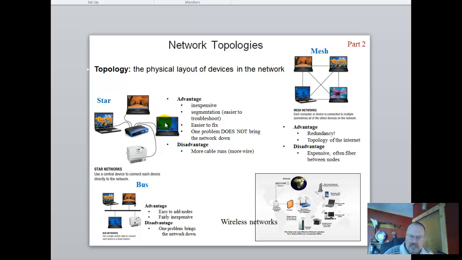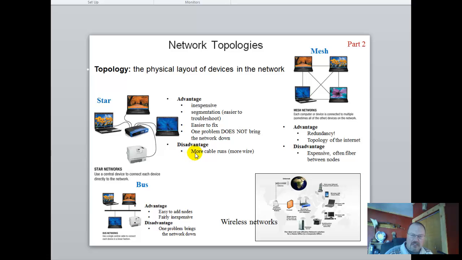It's easier to fix because you'll know that this computer has a problem, either software, hardware, or cabling, or perhaps a port on the switch. But you'll have a definite idea of where the problem lies. And one problem doesn't bring the entire network down, so it'll continue to run.